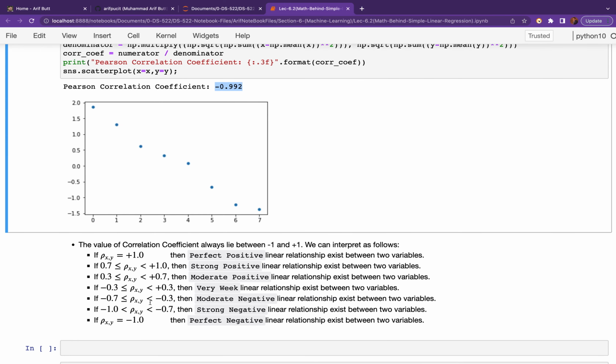And here is a brief summary of how one can use the different positive and negative values of correlation coefficients as strong positive, moderate positive, very weak, moderate negative, and strong negative. I hope this makes sense.